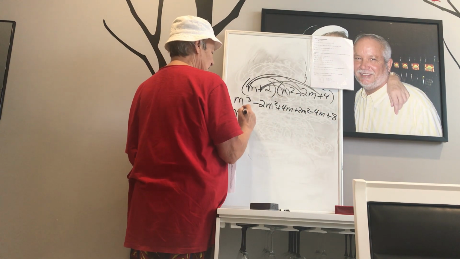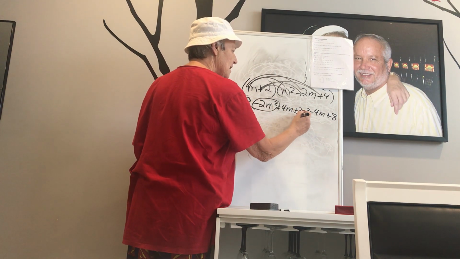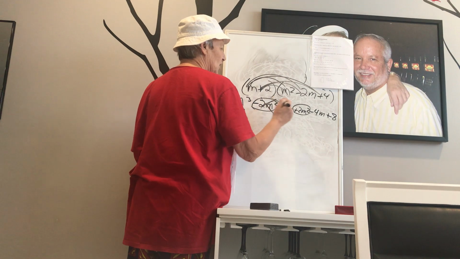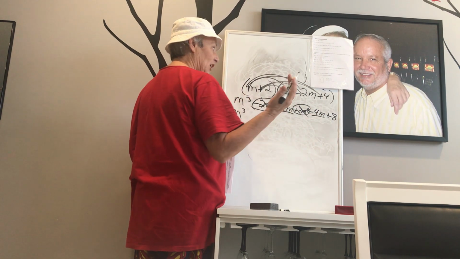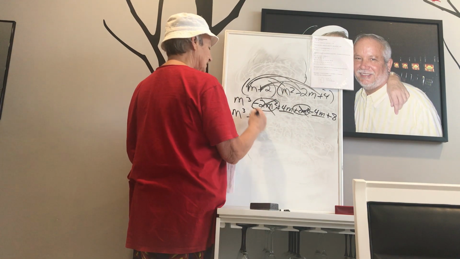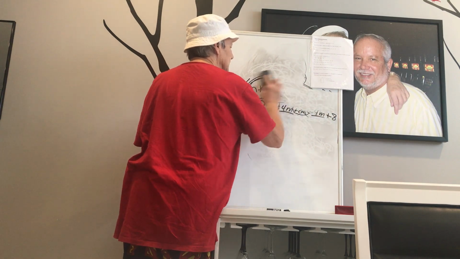Like terms, there's only one of those. We have negative 2m squared, positive 2m squared, gone. We have 4m, negative 4m, gone, plus 8. That's the final answer. I didn't expect that.